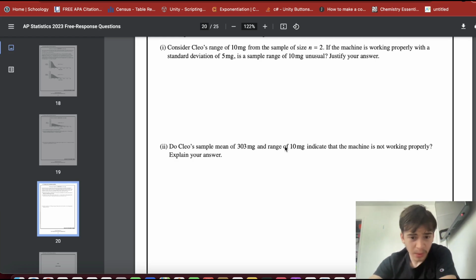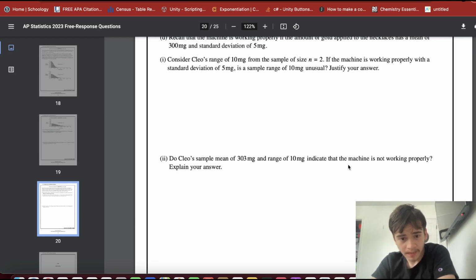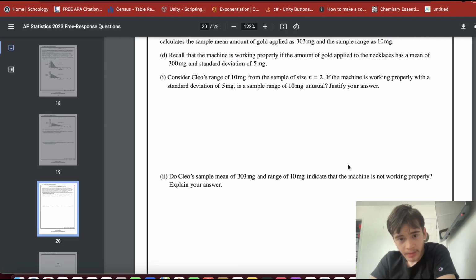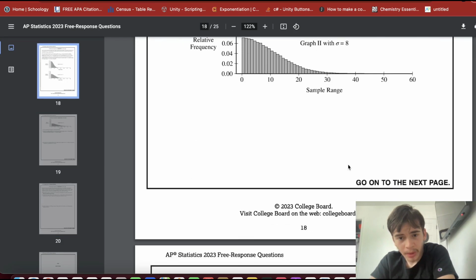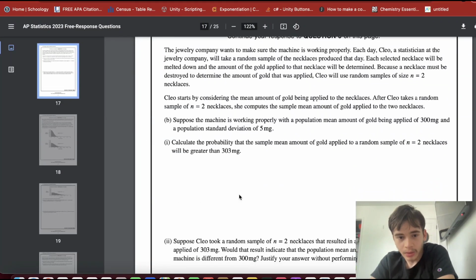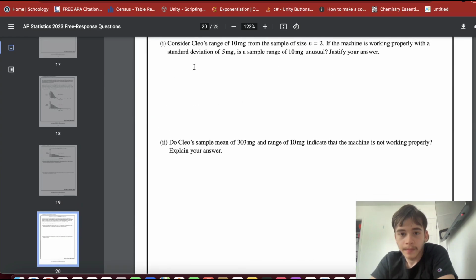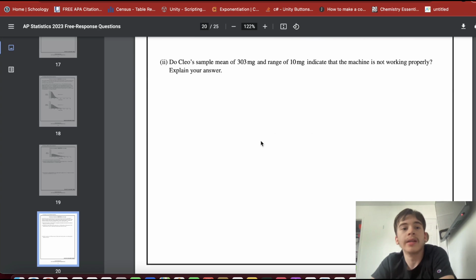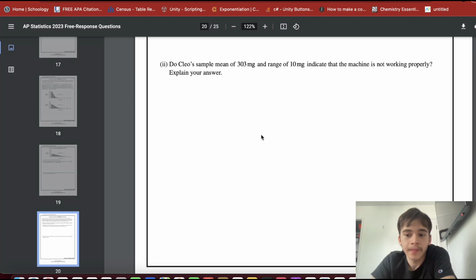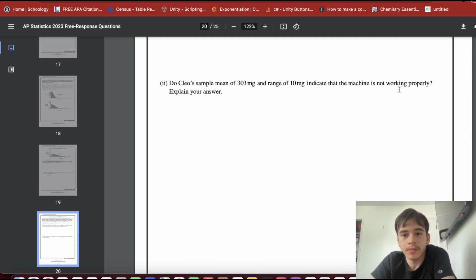Do Clio's sample mean of 303 milligrams and range of 10 milligrams indicate the machine is not working properly? Explain your answer. For this one, you would go all the way back here, take this value and this value, and multiply them together, and then you get your number, and if it's lower than 0.05, you reject it, and you say that the machine is not working properly because the chance of getting those two is very low.